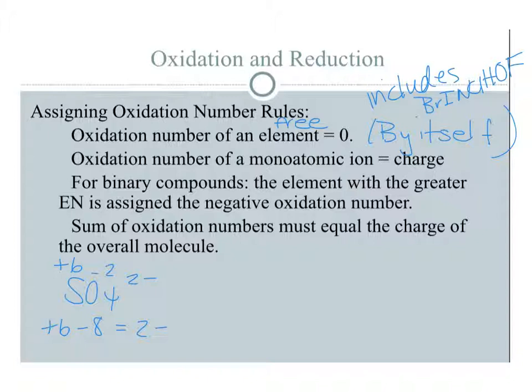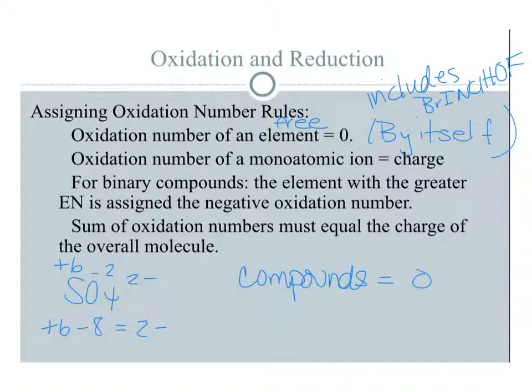For binary compounds, the element with the greater electronegativity is assigned the negative oxidation number. And the sum of all oxidation numbers must equal the charge of the overall molecule, which is going to be 0, right? Compounds equal 0.